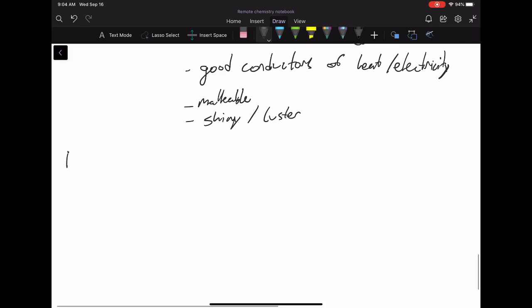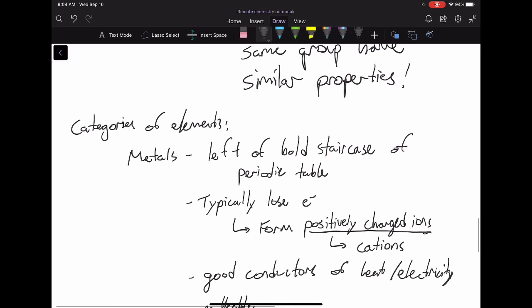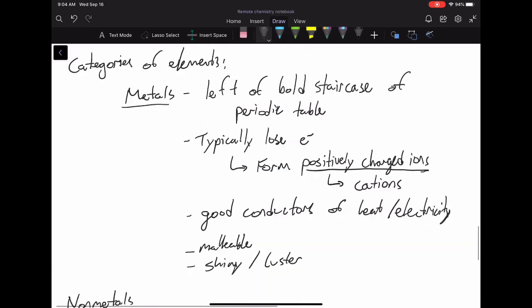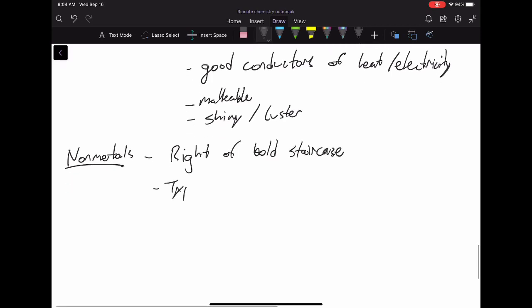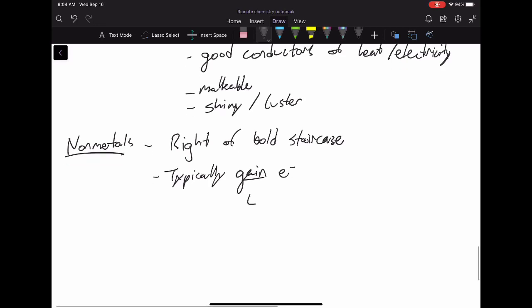The next category would be nonmetals. So this was metals. Now we'll do nonmetals. Nonmetals are to the right of the bold staircase. Nonmetals typically gain electrons, and if they're gaining electrons, this means that they will usually form negatively charged ions.